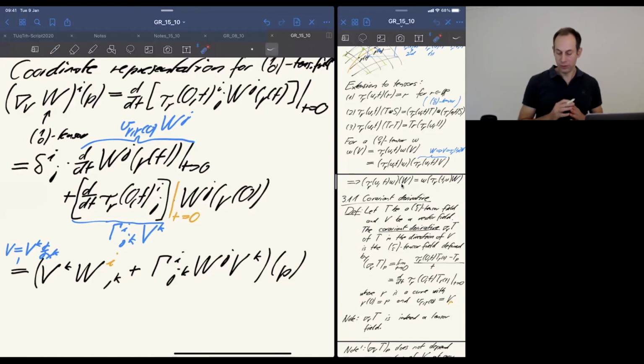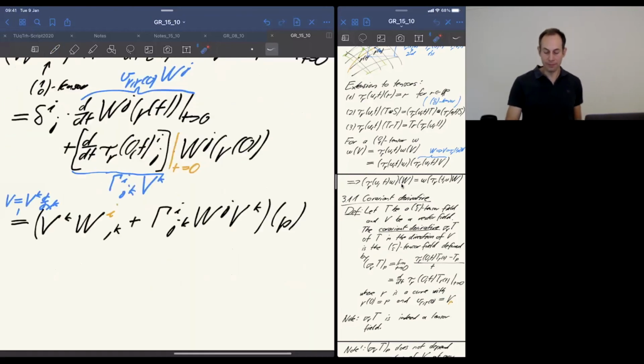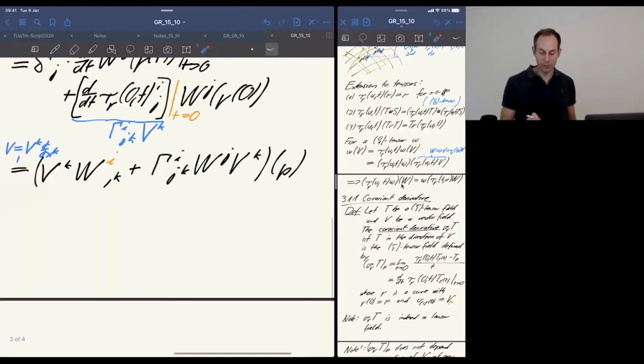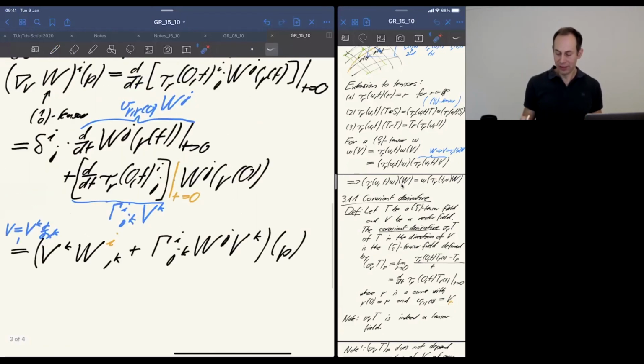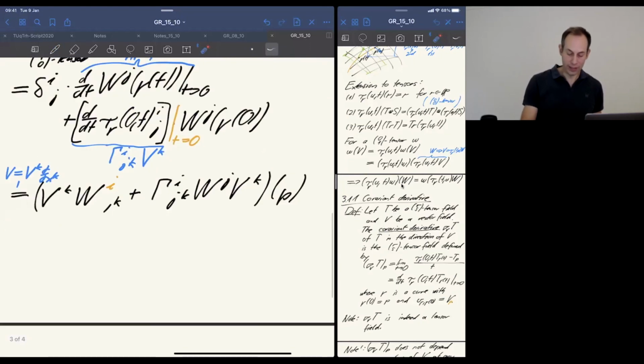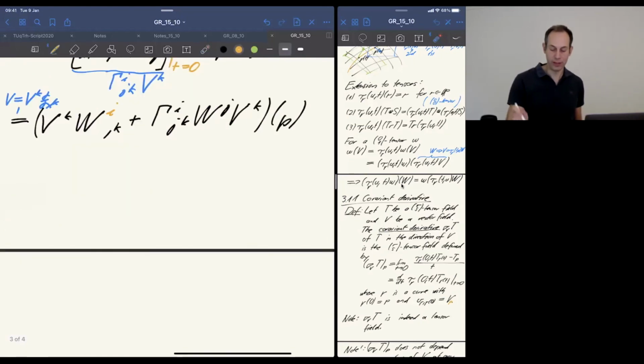So because a space is not flat, or just maybe because we choose strange coordinates for w, there will be this additional term here. And from now on, you will see that all the physically motivated derivatives we will have to take into account that term, because, as I said before, they are covariant derivatives.